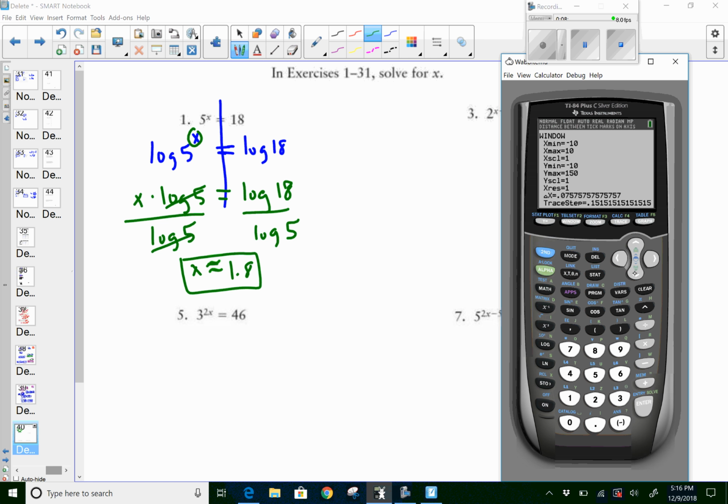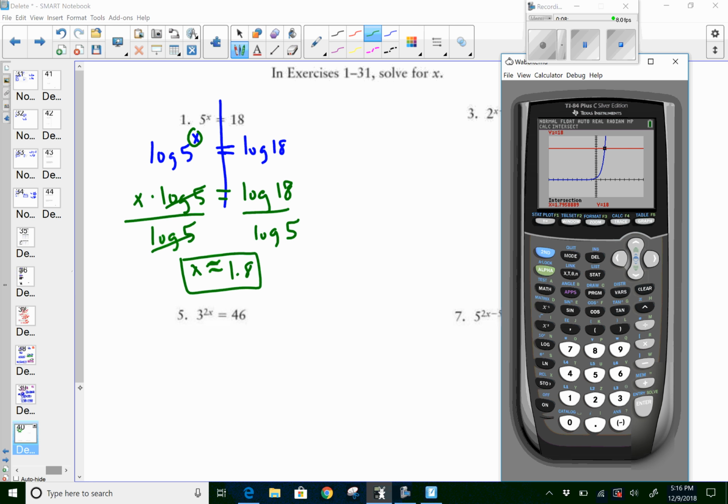I'm just going to make the largest y 25 so you can see what's happening. Then I hit graph. So that's the first one, y equals 5 to the x, and y equals 18 is right there. Right here is where it intersects. I showed you how to do that just in case. Second calc, option number 5, intersection, enter, enter, enter. And it gives you the same answer, about 1.8.